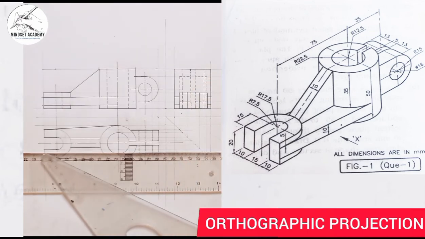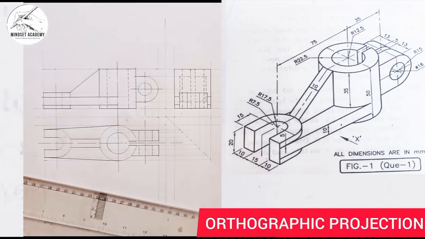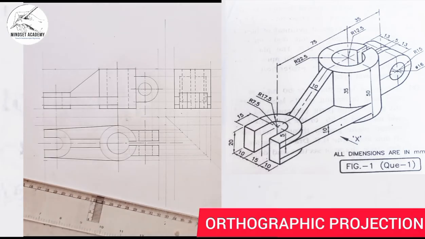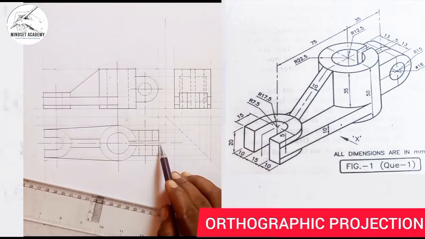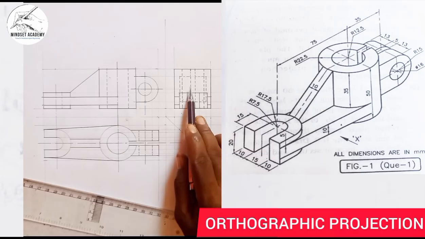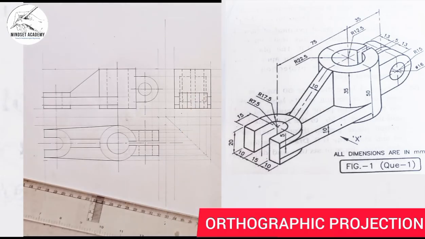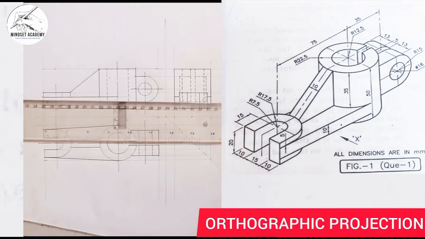So what else do we have here? Looking at it from that side, there are a lot of hidden lines. So what else do we have looking at it from the back? We've already drawn this inner one you see here, which is what we have here. So what else do we have? Let's see. There's no more thing here that we have. Oh, we still have one more thing, and that will be this circle you see here.